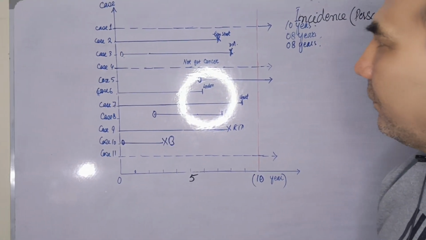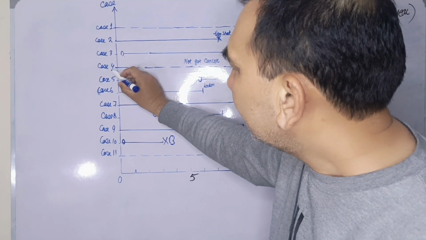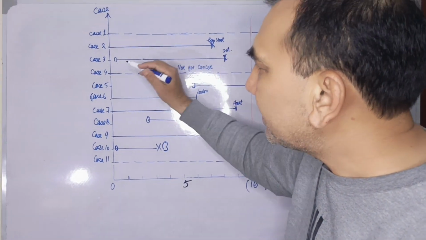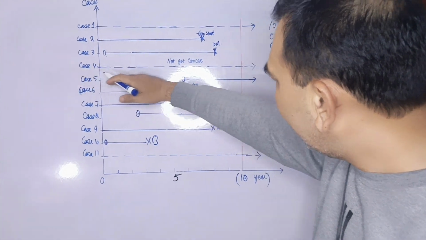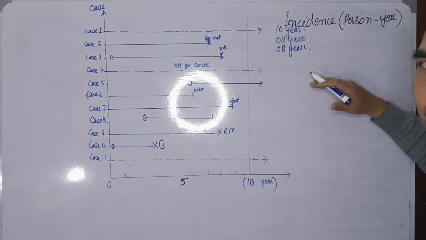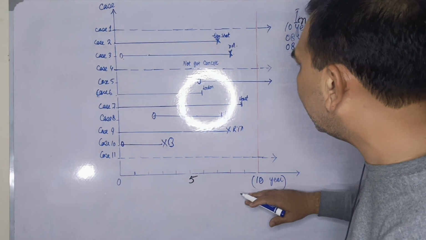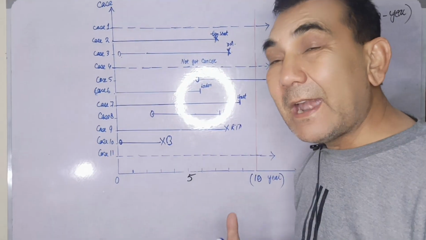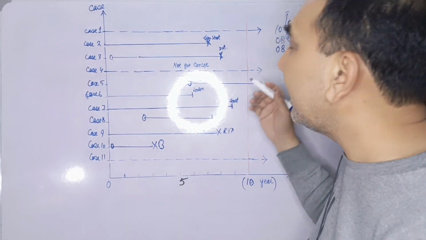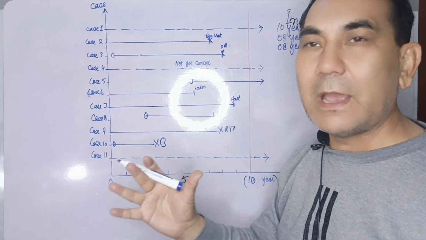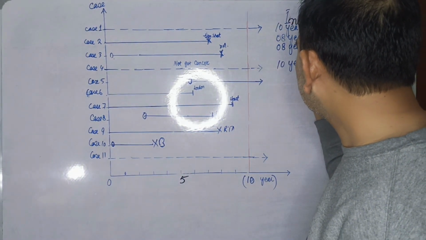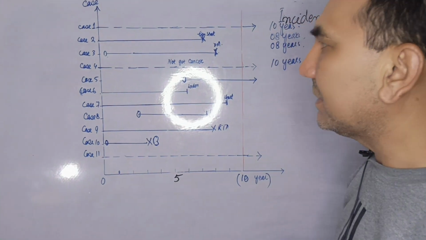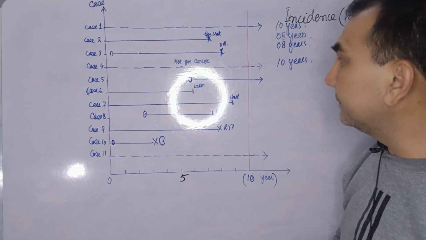Now case number 4 is different. It is exposed to the high risk and remains so for the whole 10-year period. It did not get cancer, but remained exposed to the high risk. So the person-years of case number 4 is 10 years.